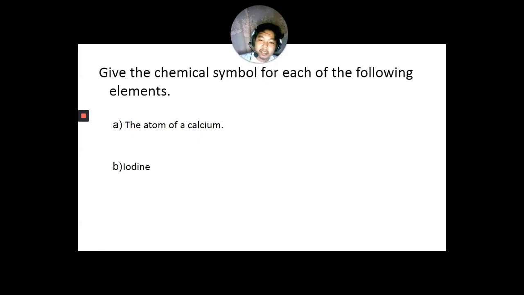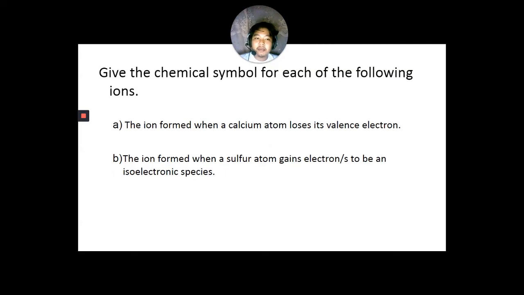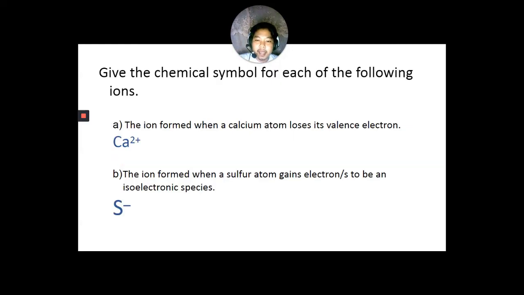Calcium will just be Ca, iodine will be I. But if I ask you to give the chemical symbol of the following ions, specifically when an ion is formed, when a calcium atom loses its valence electron, titingin ka kung anong group number siya, iaalamin mo kung ilan ang possible na mawala sa kanya. So, calcium is in group number 2. Therefore, it will release 2 electrons, making it Ca2+.